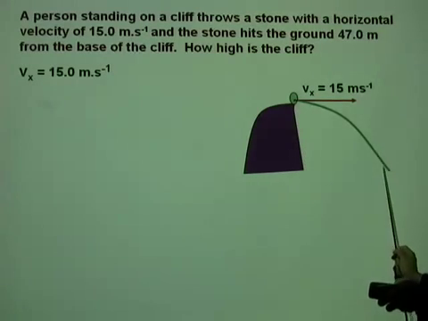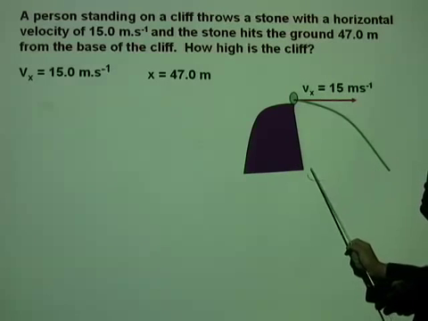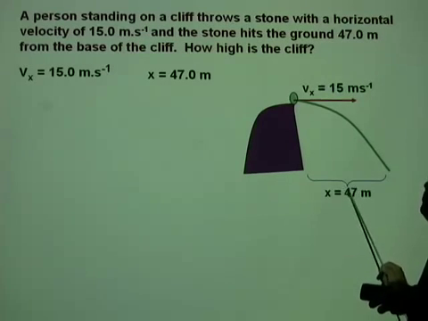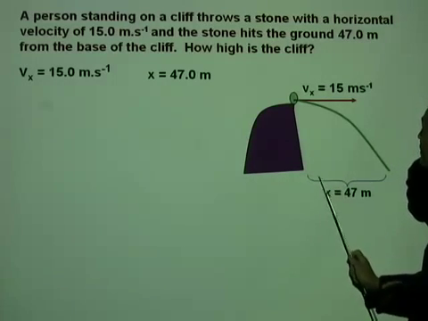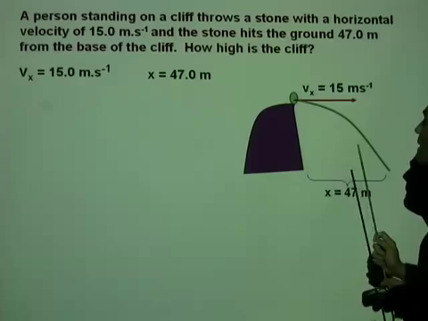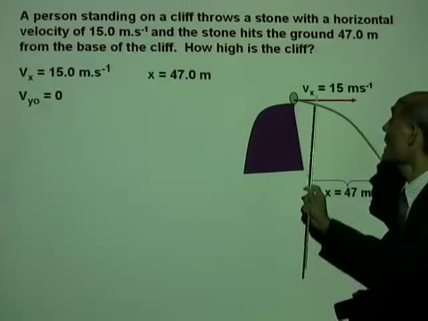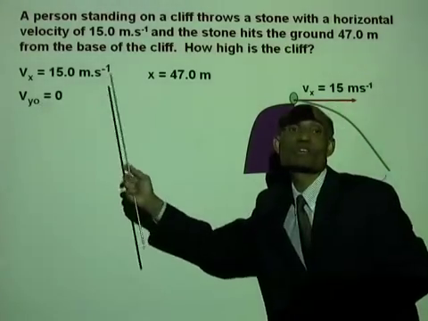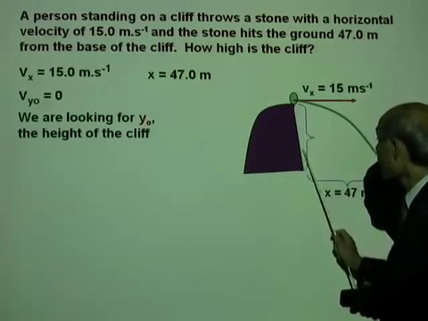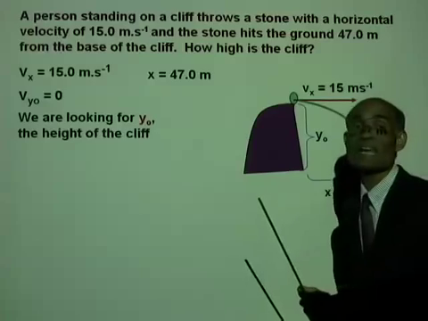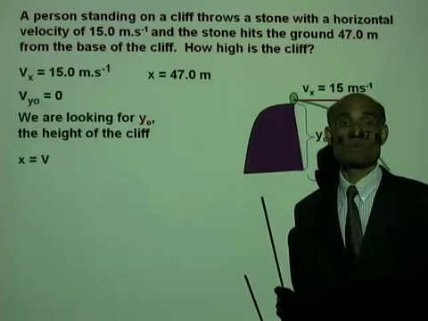And the stone fell at a distance x equal to 47 meter. You know the initial vertical velocity is 0. We are looking for y0, the height of the cliff.